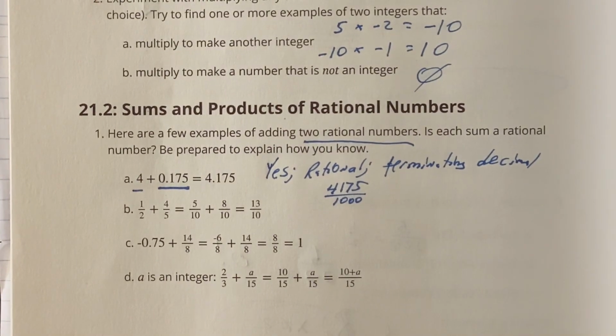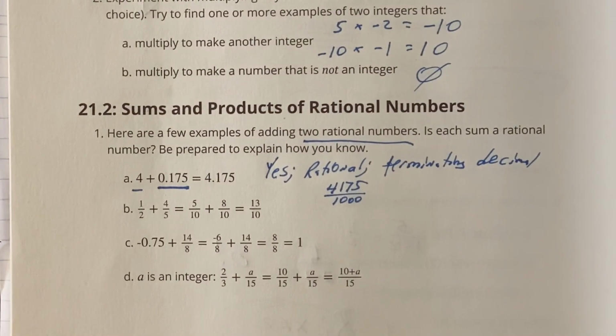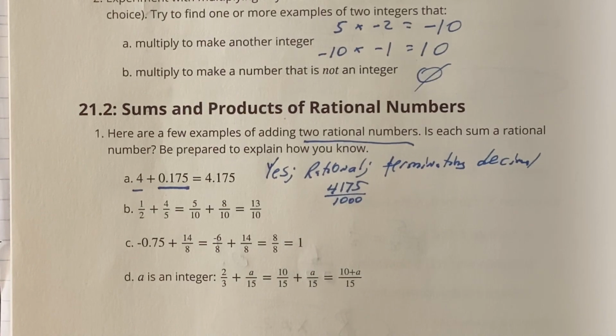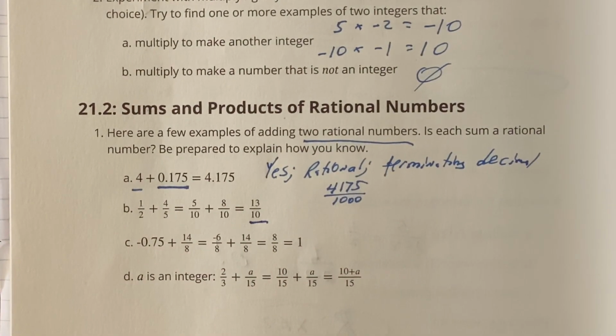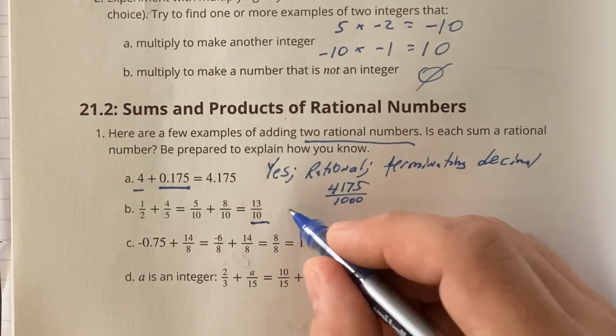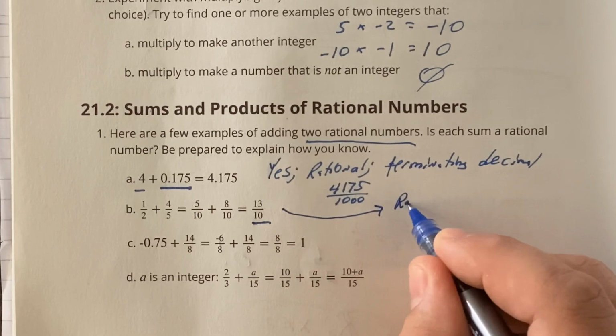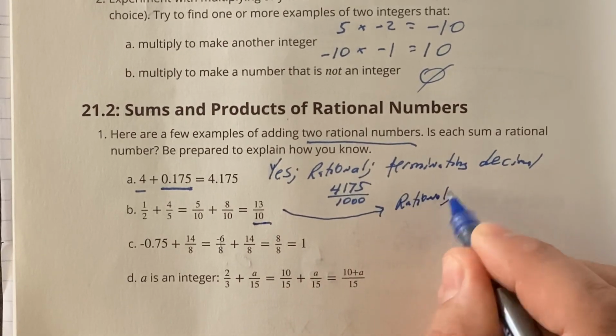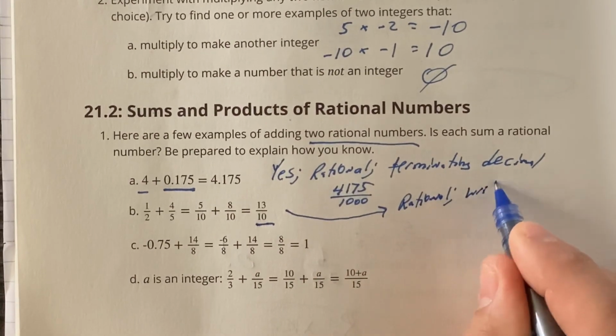How about B? Is 13 over 10 rational? Yeah. Why? Because it is written as a fraction.